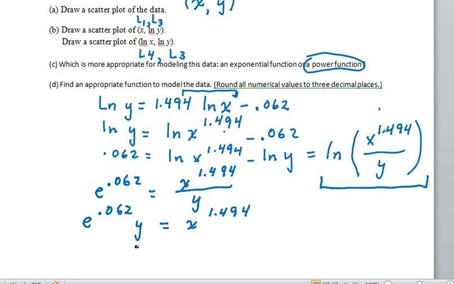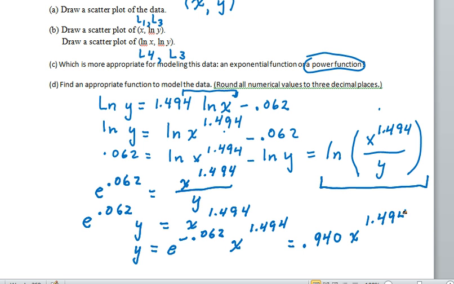So I'll have y equals e to the minus 0.062 times x to the 1.494. And I'll do one more step by actually computing e to the negative 0.062, and that comes out to 3 decimal places to be 0.940. So times x to the 1.494.